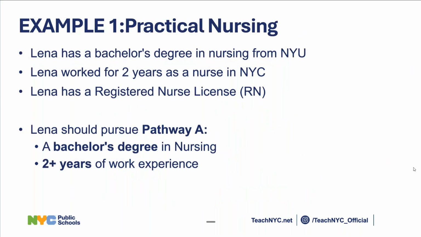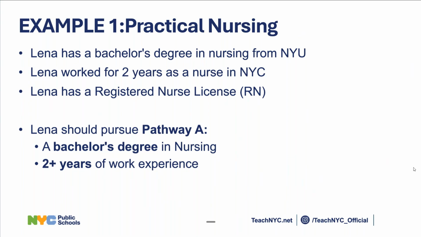So we know that navigating pathways can be quite complex, so let's talk through a couple of examples. In this example, we have Lena. Lena has a bachelor's degree in nursing from NYU, and she has worked for 2 years as a registered nurse in New York City. Therefore, Lena should pursue pathway A because she has a bachelor's degree in the industry field, as well as 2 years of work experience in the field.